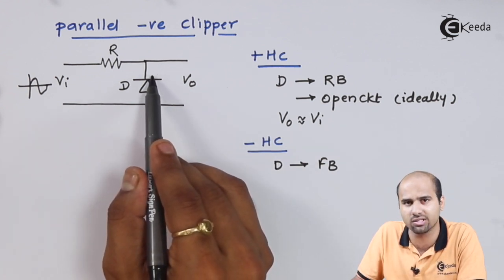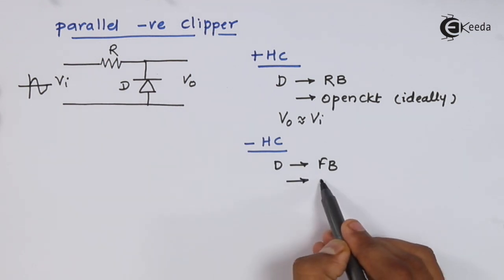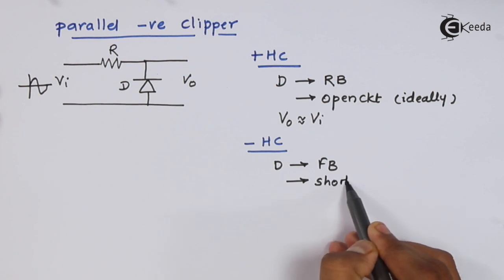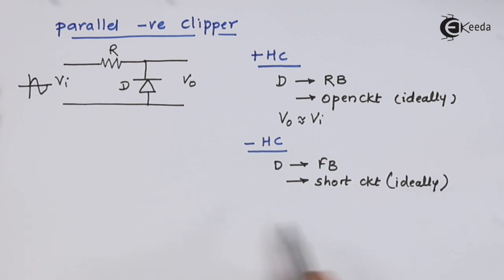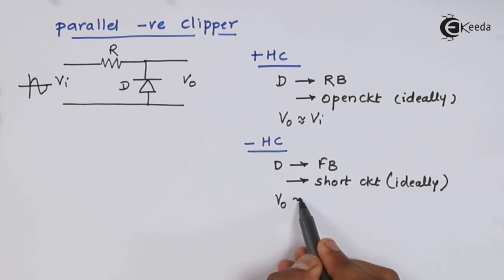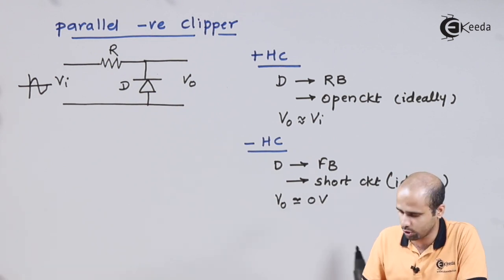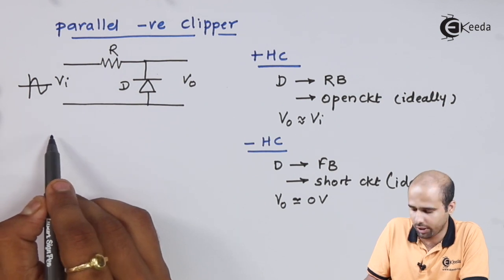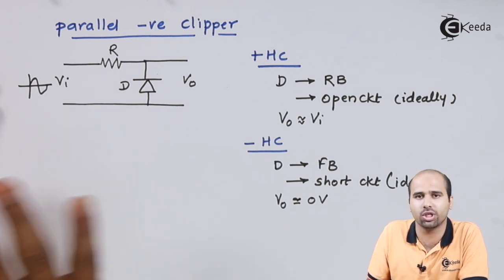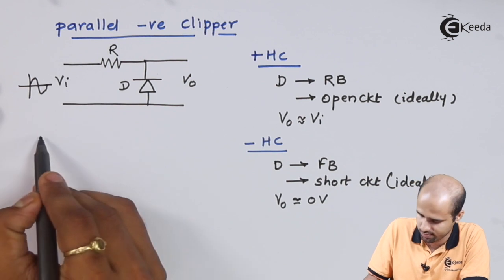That means the cathode is negative with respect to the anode. This will give you a short circuit ideally, and VO is equal to 0 volts. Exactly opposite of the parallel positive clipper, the negative portion is getting clipped off, so the positive half cycle is following the input and the negative half cycle gives me 0 volts.